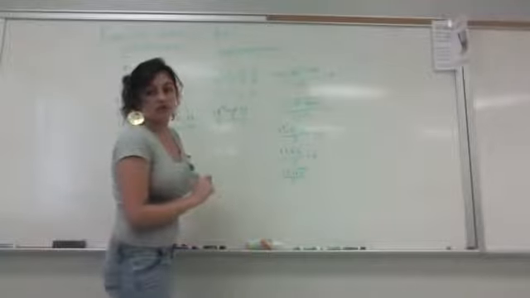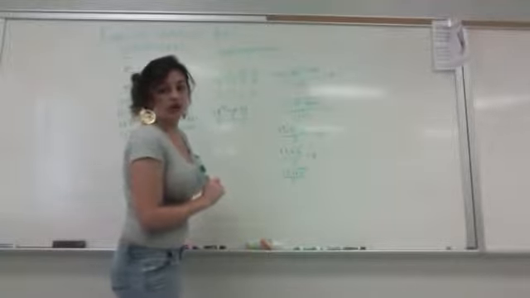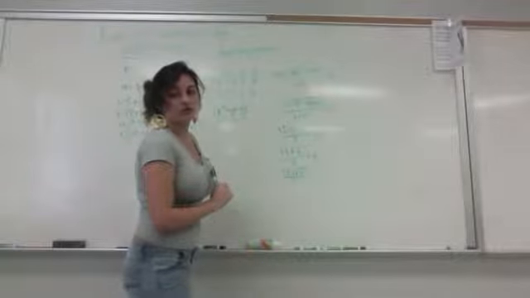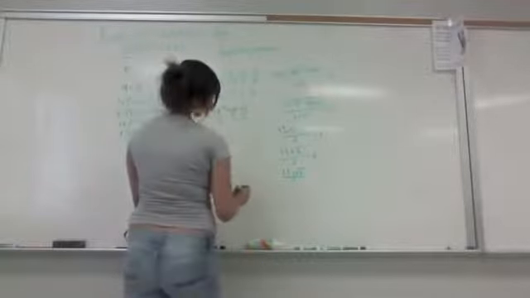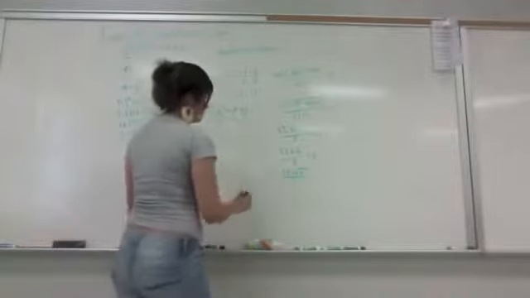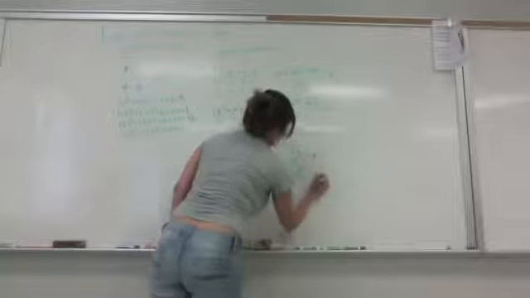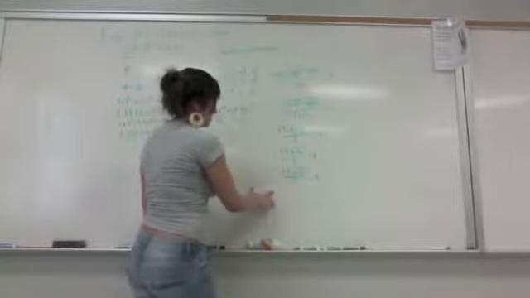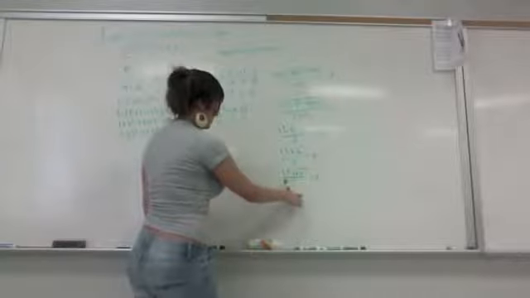Then our 2 zeros are going to be our two complex numbers. One has to be positive and one is going to be negative.